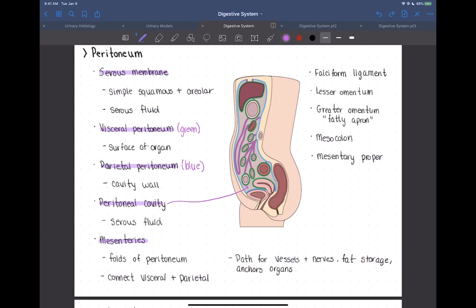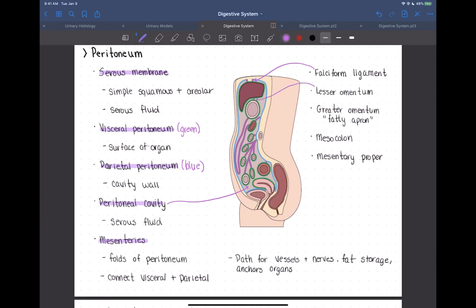The first one is the falciform ligament. That's this one here. It connects the inferior side of the diaphragm to the liver. So the falciform ligament connects the diaphragm to the liver. And then below the liver, we have the lesser omentum. That is right here.